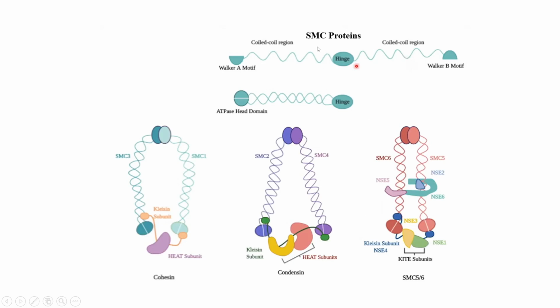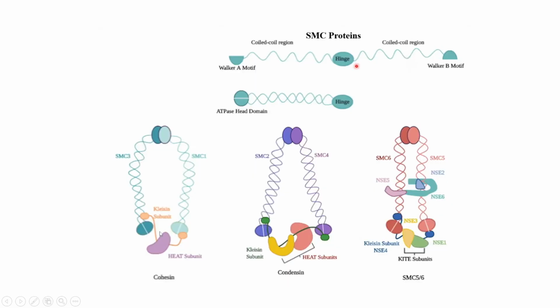Here you can see the SMC proteins and the domains: this is the hinge region, and here you can see the ATPase domain. This is a single SMC protein, and two SMC proteins bind each other to form the ATPase head domain. At the hinge region another SMC protein will bind, and at the ATPase head domain the non-SMC proteins will bind.